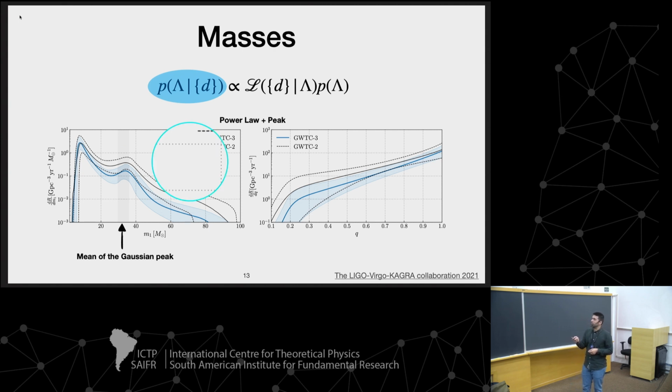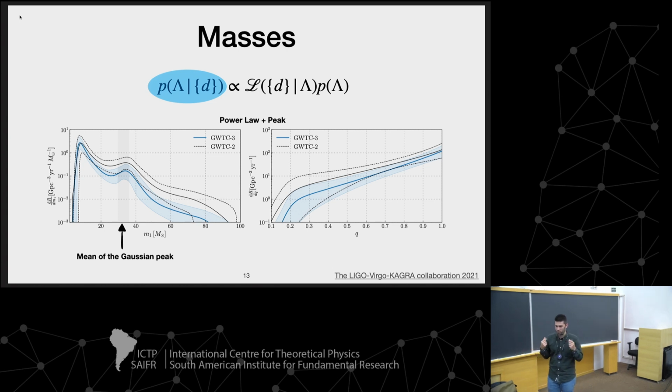Here I am highlighting this Gaussian peak. So basically what was done was to inject this Gaussian peak in the model. And what you want to do is to see if your model is going to... if you inject the Gaussian peak, but then the Gaussian peak disappears once you made the model see the data, then you see, okay, the Gaussian peak is not there.